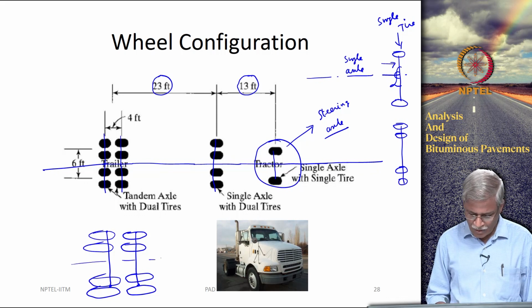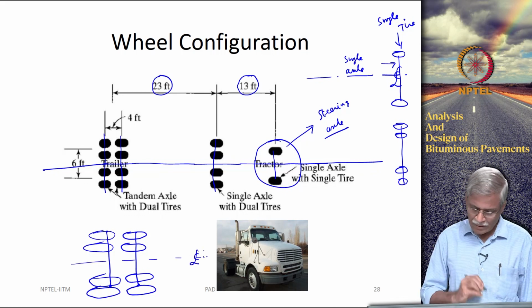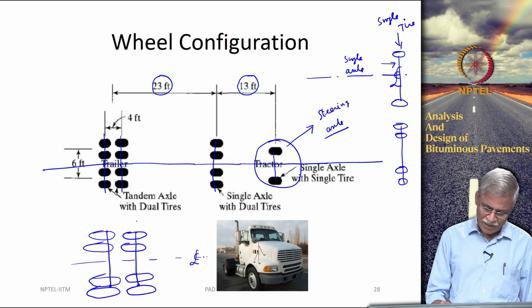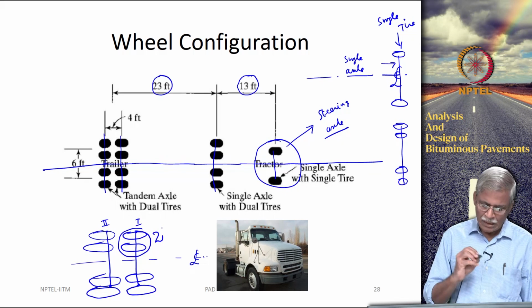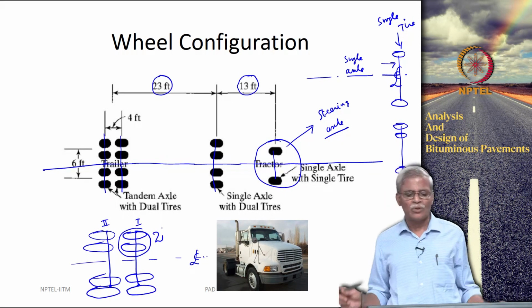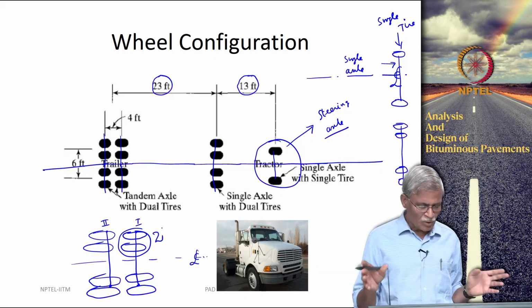So this is your center line. So tandem axle: axle 1, axle 2, and each axle has two tires. This is the configuration that you are going to see.